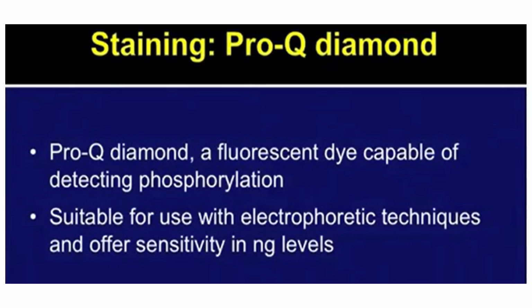If any of the proteins has some post-translation modification and you want to check them, you can use this staining technique, and it will help you detect those specific proteins. It is suitable for use with electrophoretic techniques, and it offers sensitivity at nanogram levels as well. So that's how good this staining technique is.